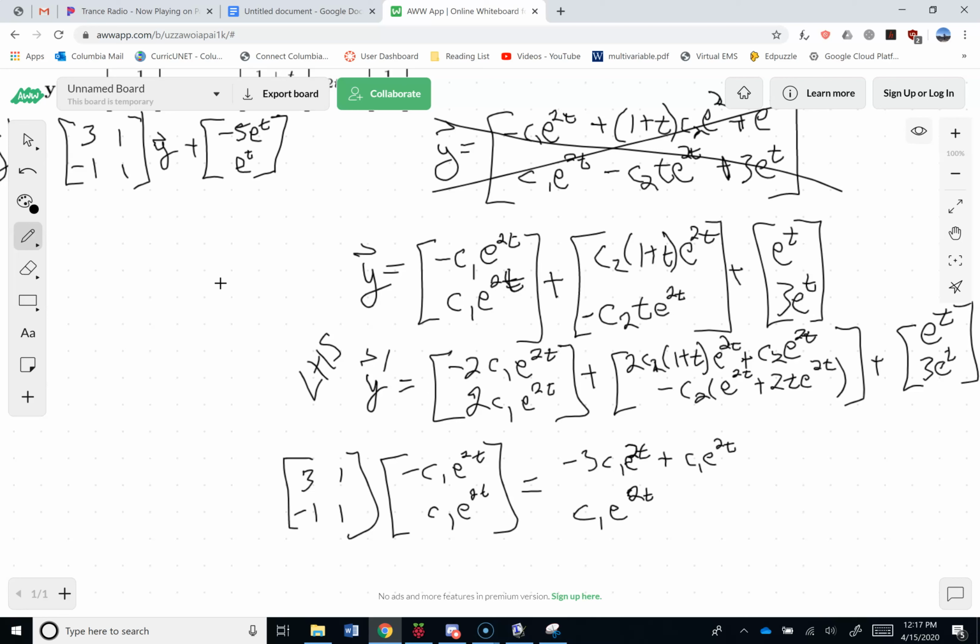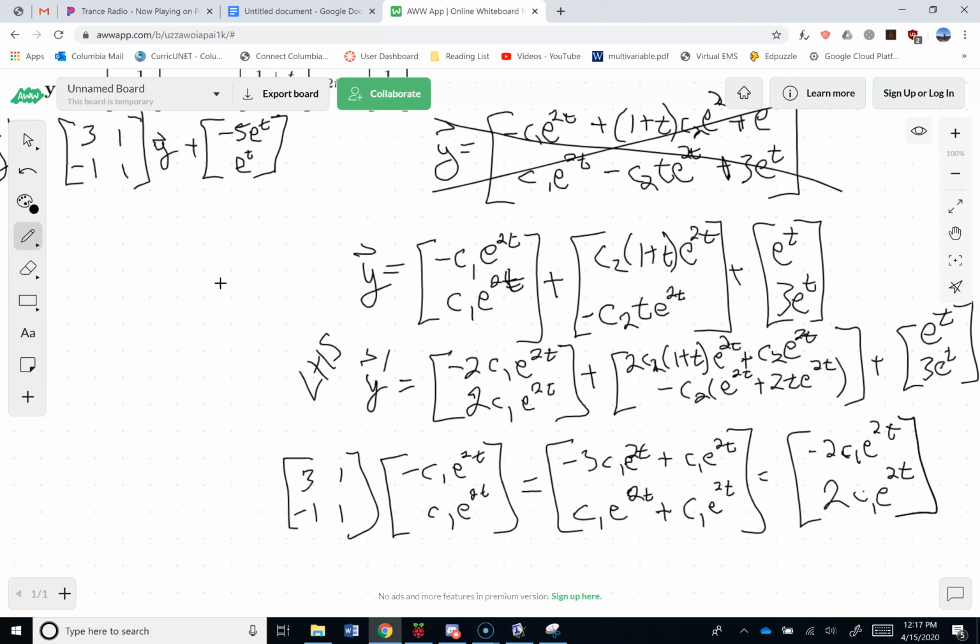Oops, that was supposed to be a 2 in the top line. Plus c1 e to the 2t. Which gives me minus 2c1 e to the 2t and 2c1 e to the 2t. So this piece matches this piece. That's good.